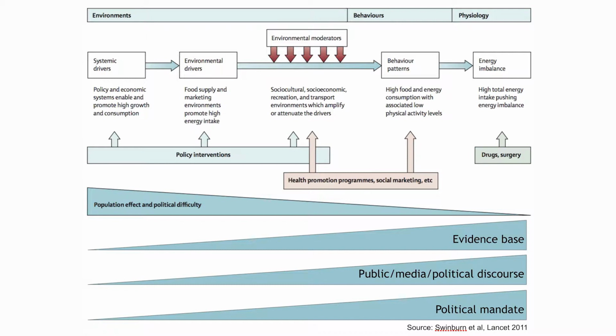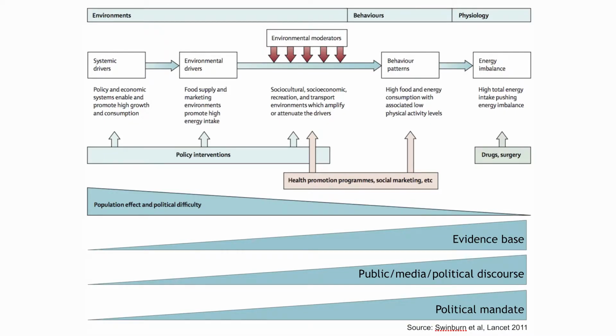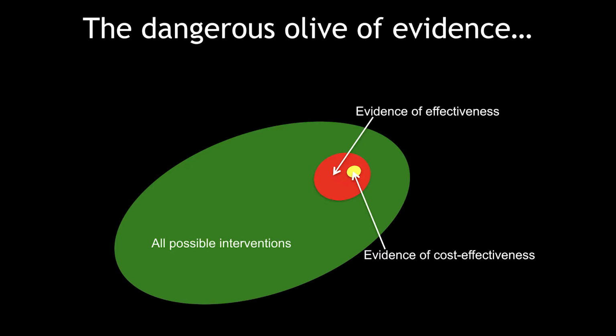So the evidence base that we have is hugely skewed towards the individual level interventions, which in general are not the ones that have the large population level impacts. We also have public discourse that tends to focus on individual responsibility as a main driver of obesity. And as a result of that, inevitably, the politicians have a political mandate to act on that side of the equation. So this is the reason the olive is dangerous.